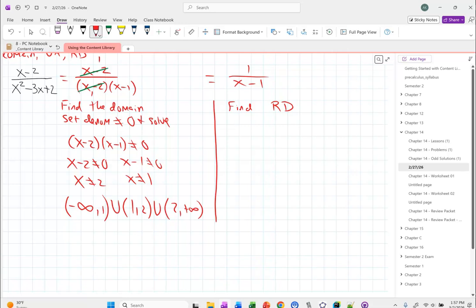So for a removable discontinuity to exist, reducing has to take place, and that reducing must eliminate all of those factors. In this case, did we do any reducing? Yes. What did we reduce? X minus 2. Are all the x minus 2's gone? Yes. That means that we have generated a removable discontinuity.